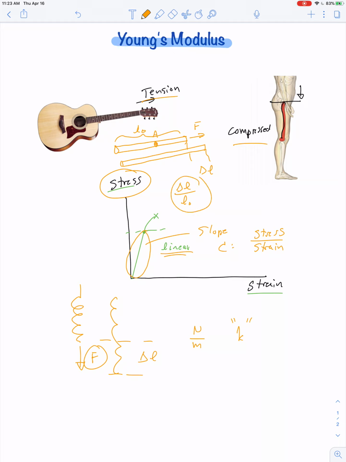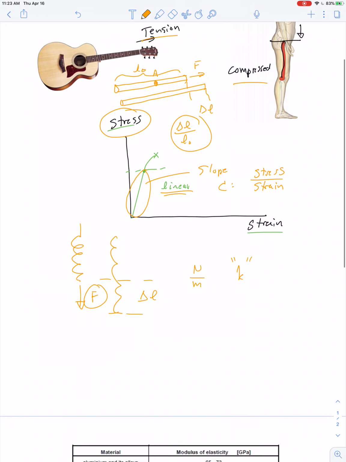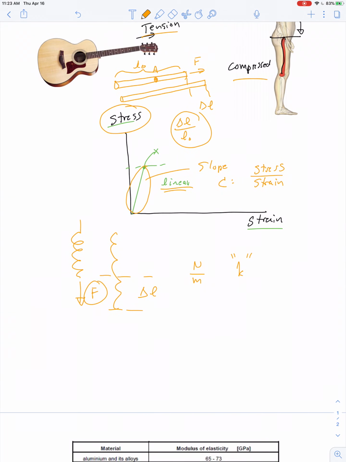So if that's the case, then stress over strain for a guitar string would be force per unit area divided by change in length over initial length.